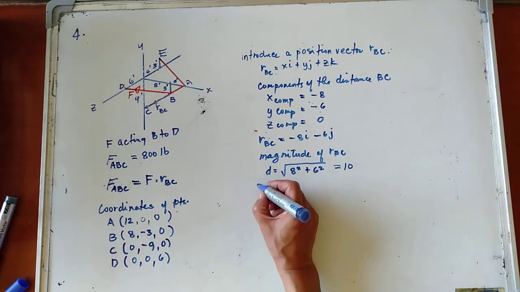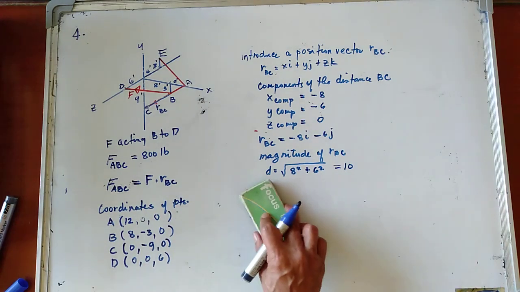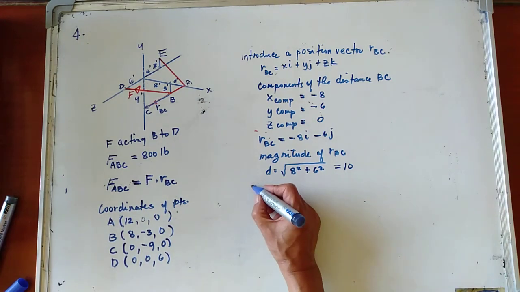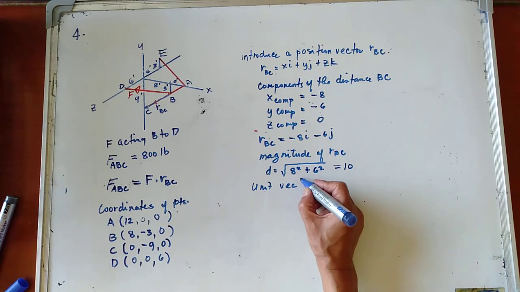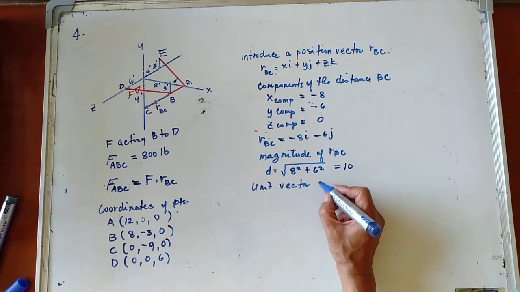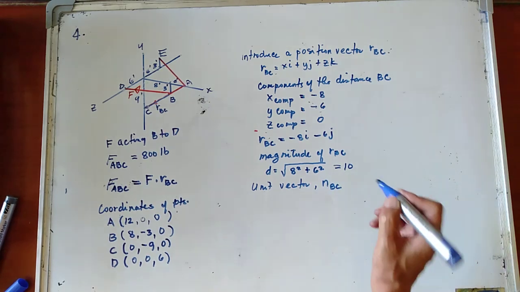Hence, the unit vector in the direction of BC. So let's try to get the unit vector nBC.